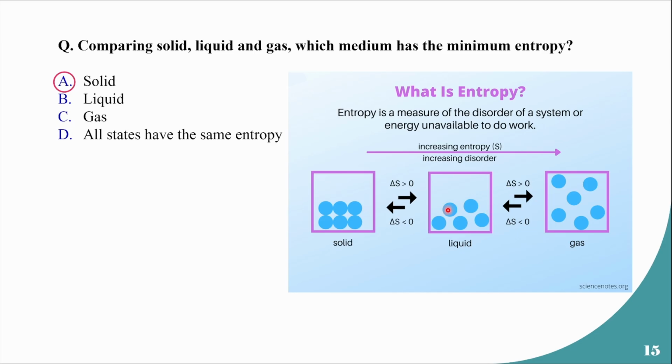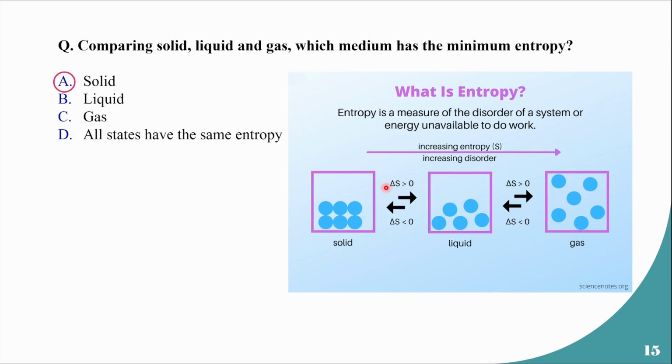The molecules are more free, so they can move around, like the dynamic flow of fluids. You can maybe think of it like that. And then of course, if you transform that again into a gaseous state, the disorderliness will increase further, because the molecules are even more free. So solids will have the least entropy, followed by liquids, and the gaseous state will have the highest disorder, or the highest entropy.